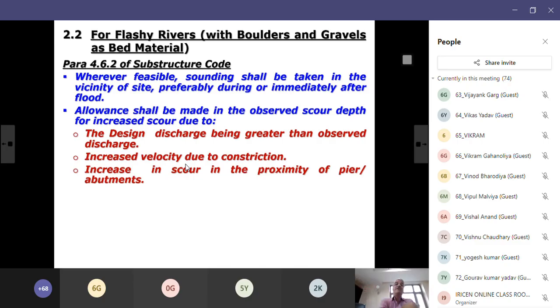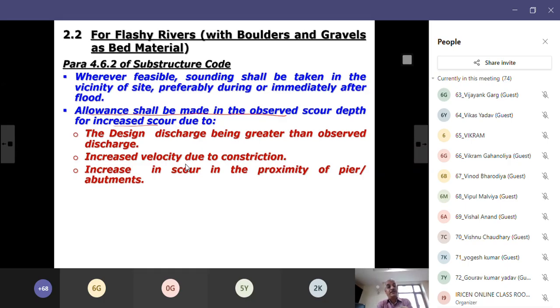Now, whatever sounding you have taken, over that you have to apply some factors. And what are those factors? Allowance shall be made in the observed cover depth. First, when you are taking sounding, let us say this year, even though you might have taken it in peak flow this year, that may not be the design discharge. It may occur once in 50 years.